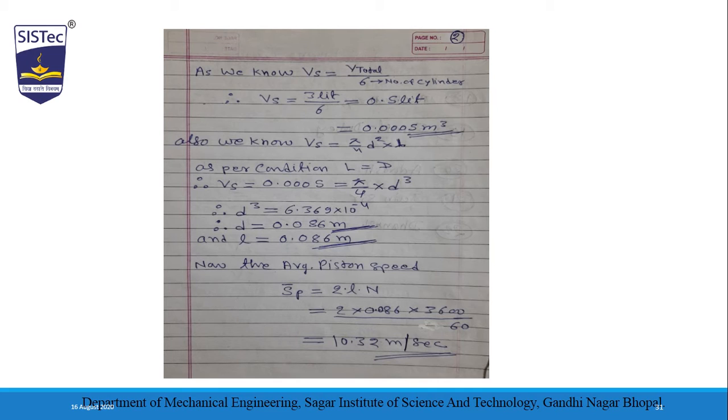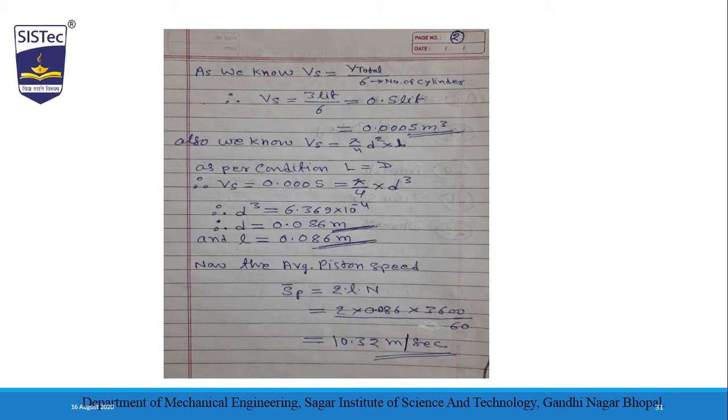As per the condition given in the numerical, L by D is 1, so in the formula we put L equal to D: 0.0005 equal to pi by 4 into D cube. By solving this relation we get the diameter of the bore, that is 0.086 meter, and similarly, according to L by D, the length of the stroke is 0.086 meter.